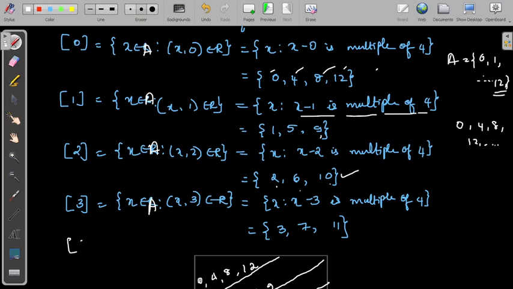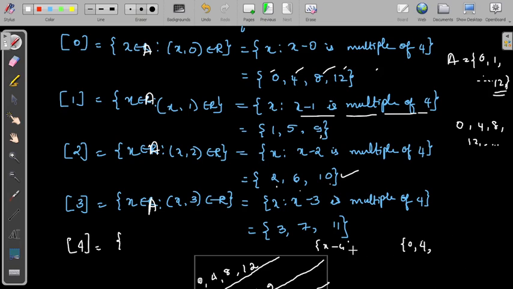Now, if you go for calculating the equivalence class of 4 the same way, then x minus 4 is a multiple of 4. If you put 0, then 0 minus 4 is minus 4, a multiple of 4. Then 4 minus 4 equal to 0 is a multiple of 4.